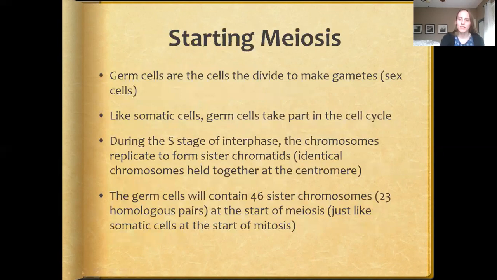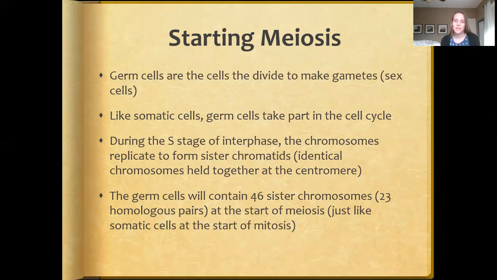So we start off meiosis, which again is the way that we divide cells to make gametes. These germ cells also take part in the cell cycle, so they will also go through interphase. They'll have their chromosomes replicate during the S part of interphase. So you'll go from single-stranded chromatids to double-stranded chromatids with the sister chromatids attached to each other.